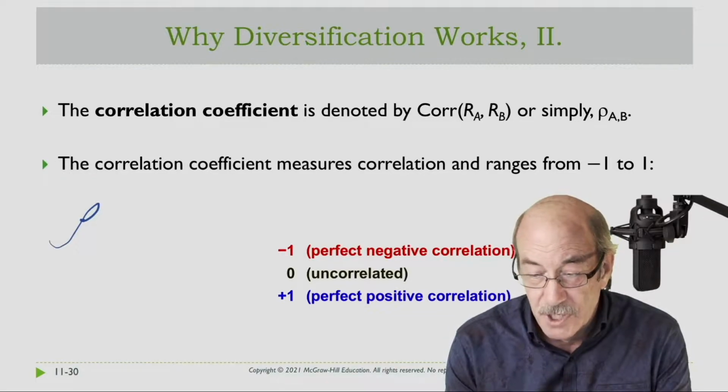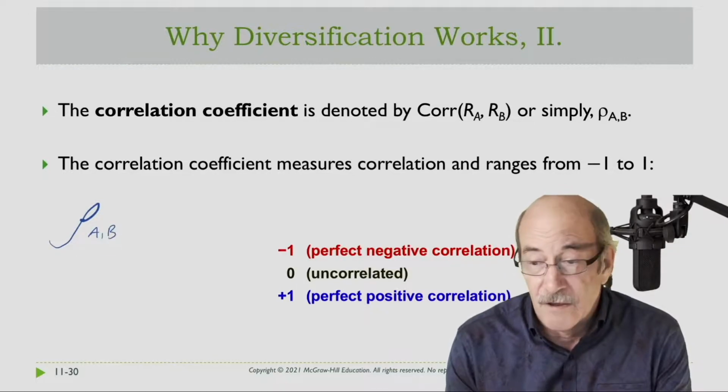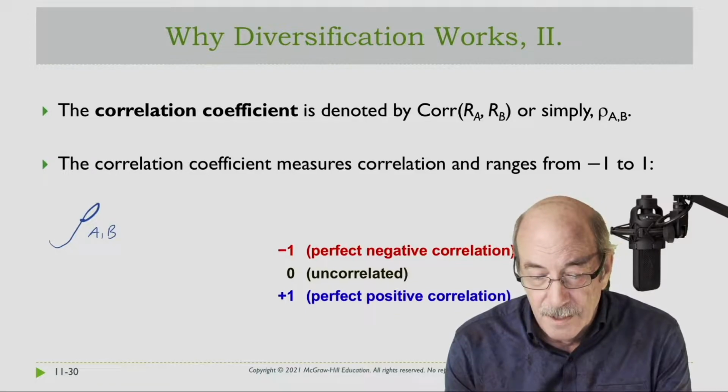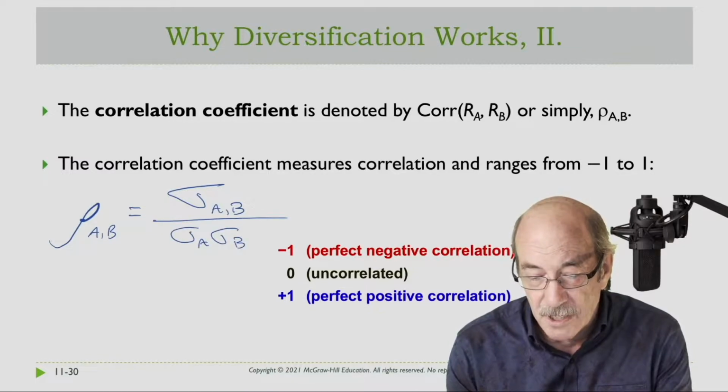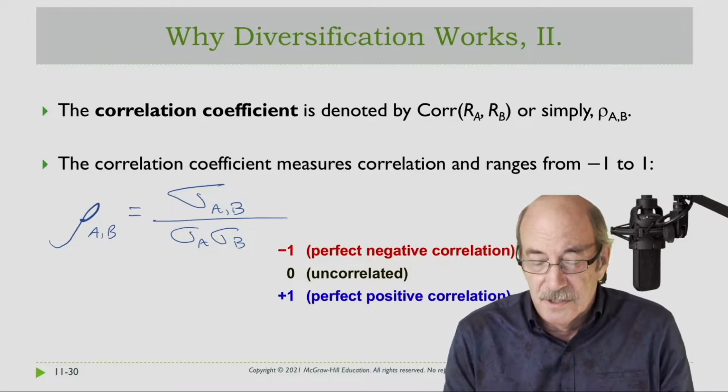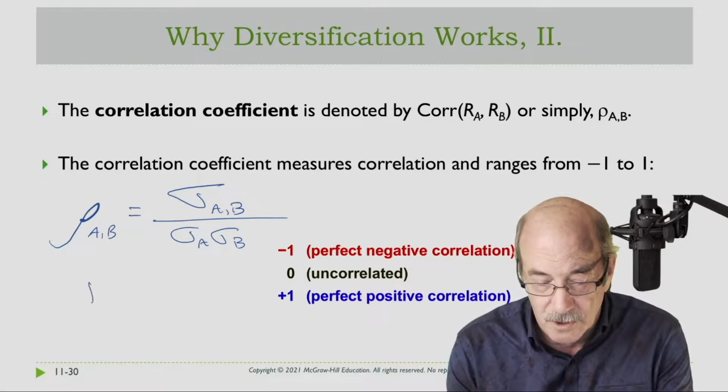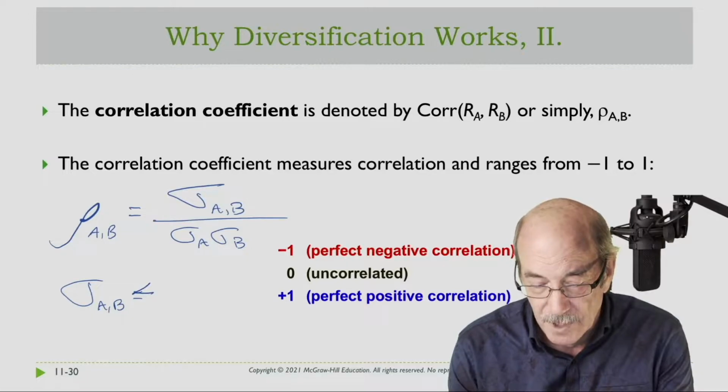Correlation between, let's call it A and B, like they have here, is actually the covariance between A and B divided by the standard deviation of A times the standard deviation of B. So this is, if we look at covariance between A and B, actually, I should do it this way.